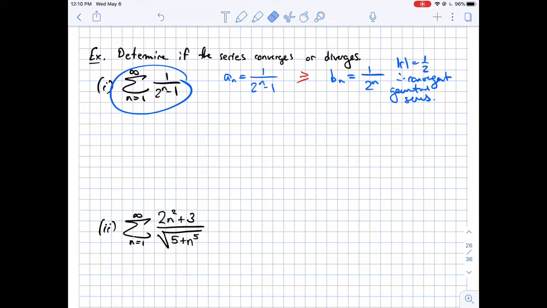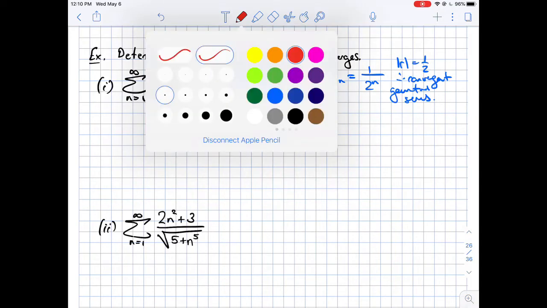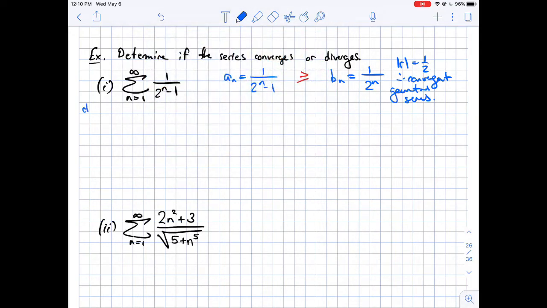Okay, and now we're going to use the limit comparison test to prove that still, even though the regular comparison test fails, an and bn should have the same behavior as a series. In other words, they should both be convergent. So let's just set up that limit. We're going to check the limit as n goes to infinity of an divided by bn.